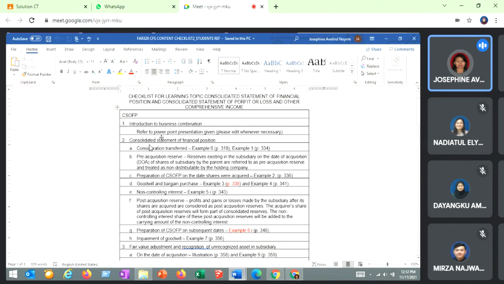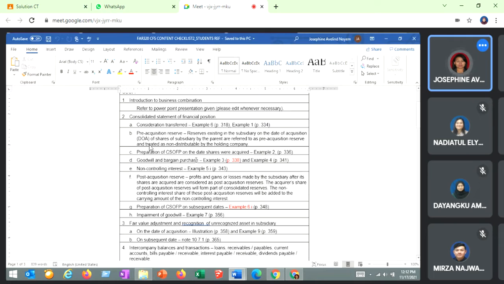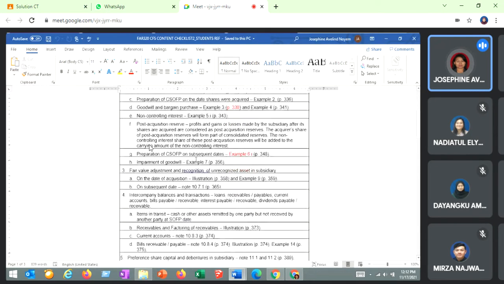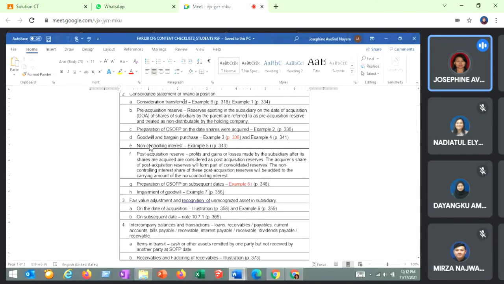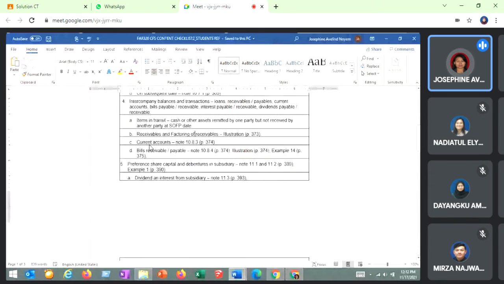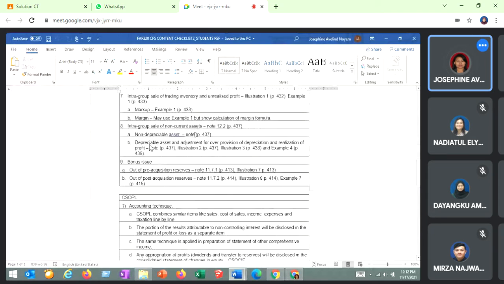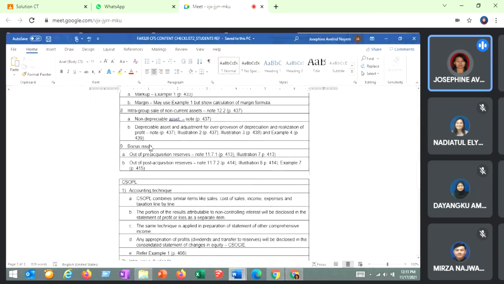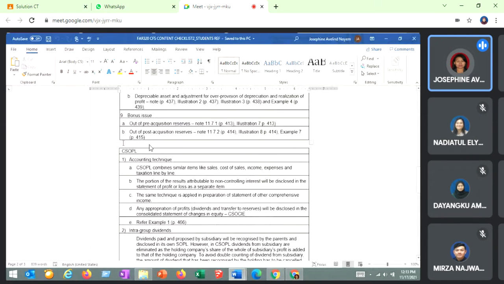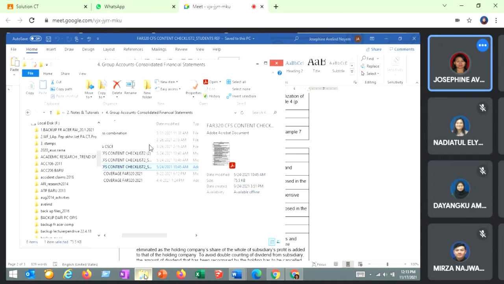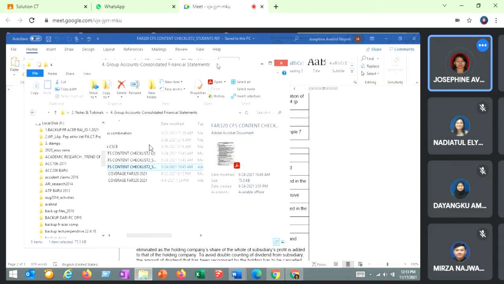We do this statement first, with all the adjustments relating to its preparation. Once we are done with all these adjustments, there are so many, until bonus issue, then we will go into the preparation of the consolidated statement of profit or loss. That's what we're going to cover.